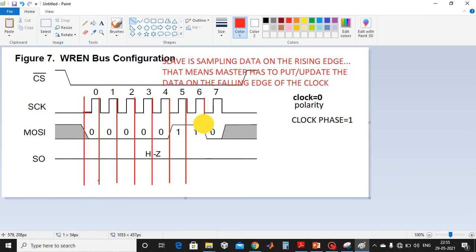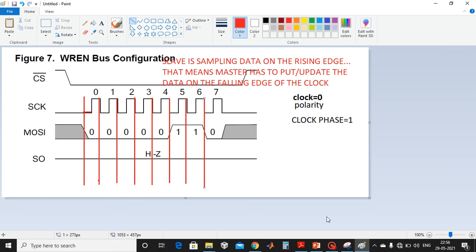So this edge is also important. Data is changing from 1 to 0. So you can see that master is changing its data on the falling edge. This is the falling edge. So on the falling edge, master is changing its data from 0 to 1, here 1 to 0. So we have verified this with the timing diagram, that this device supports clock polarity as 0 and clock phase as 1.